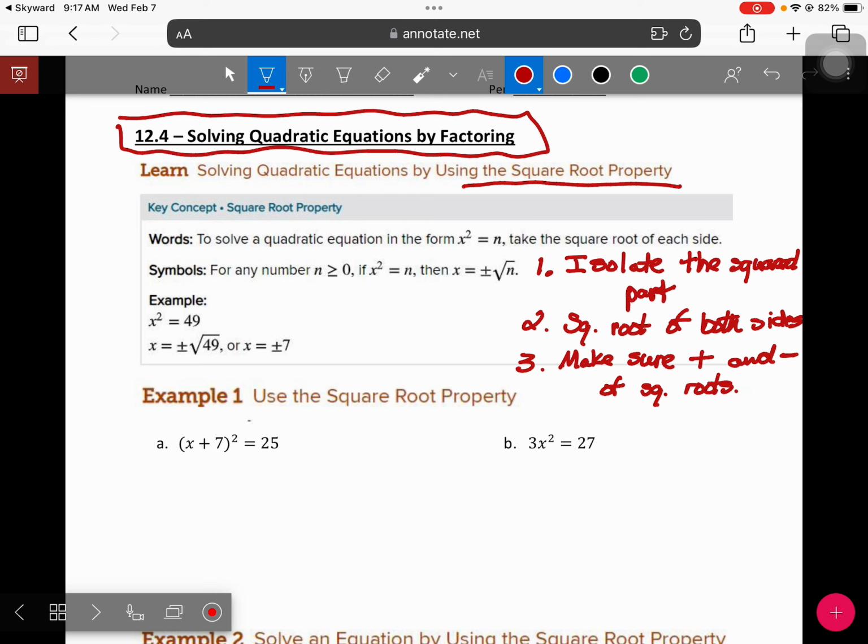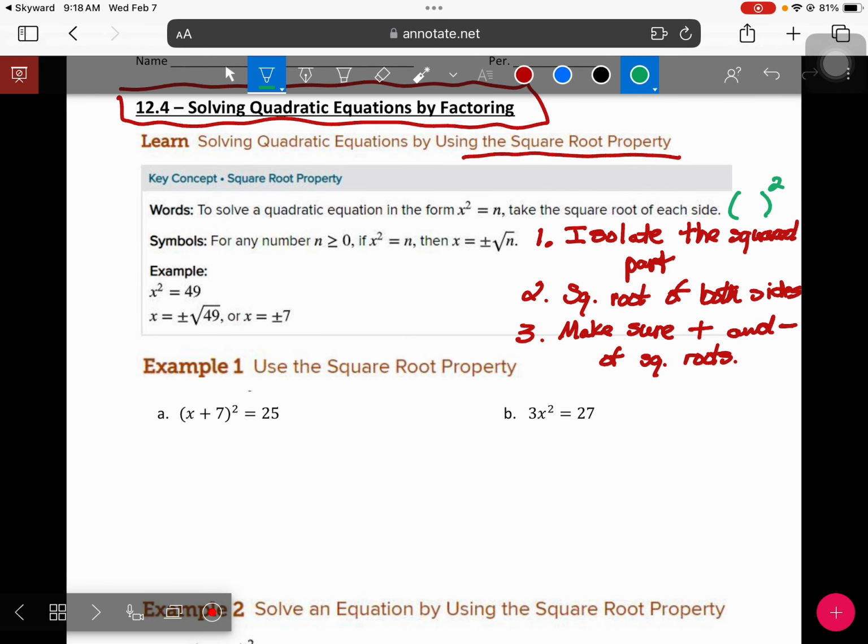Now, this might not make sense to you now, but I will explain it here in just a bit. So first, isolate the squared part. If it's squared, it's going to say something to the second power. Take the square root of both sides and make sure you have a positive and negative of those square roots.